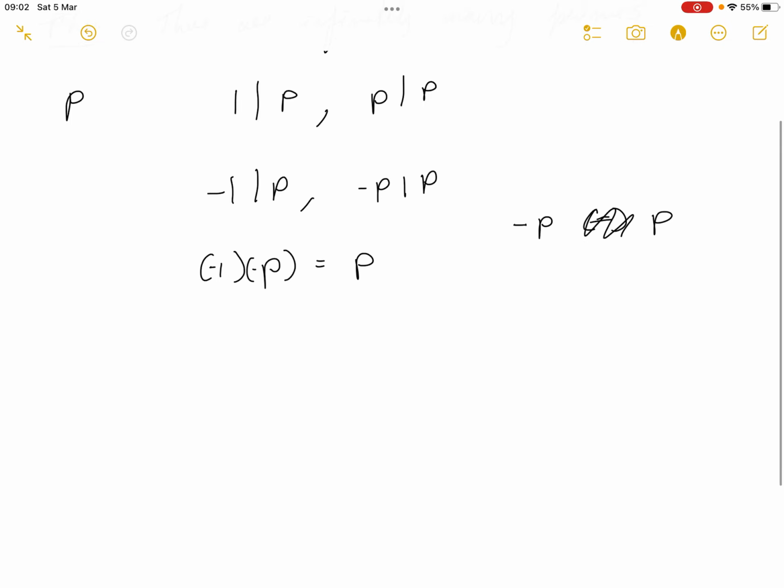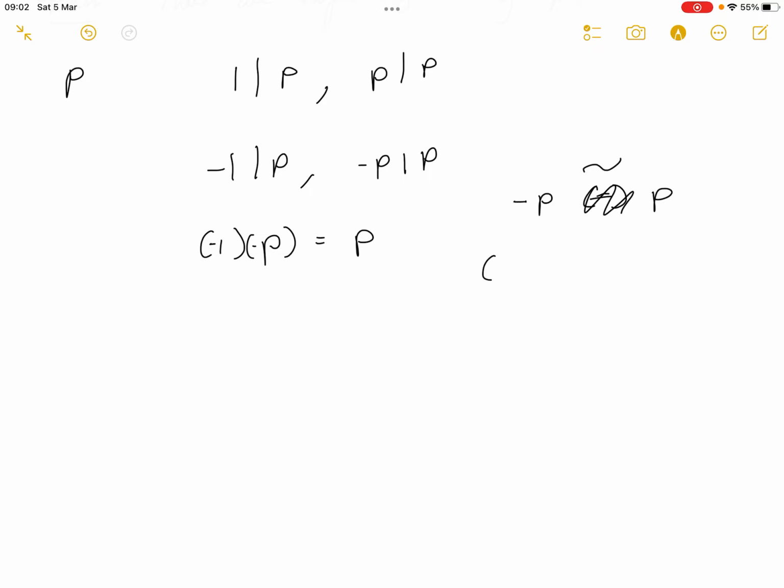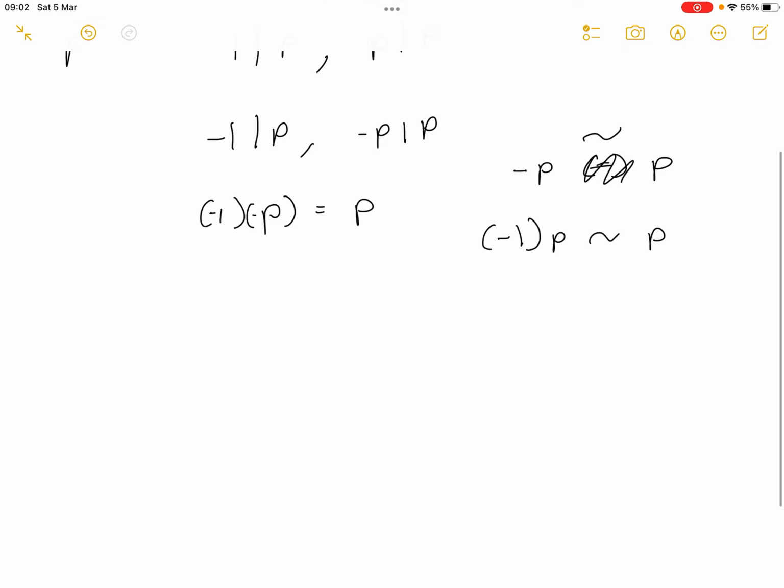Well, this is not the correct symbol to use, but essentially it's the same prime, except that it is multiplied by a unit. So we don't actually count multiplication by a unit as a different prime.